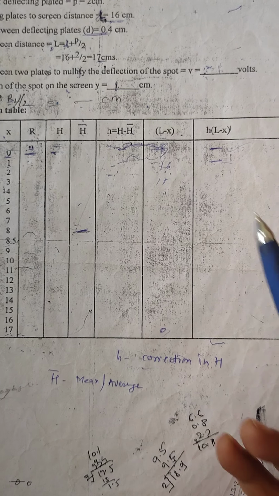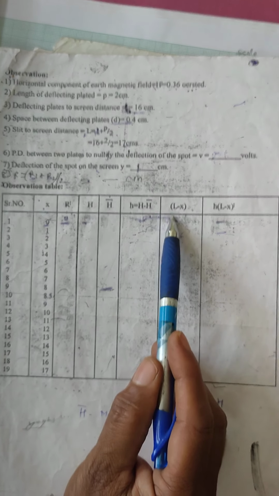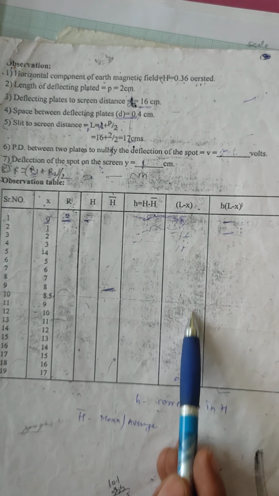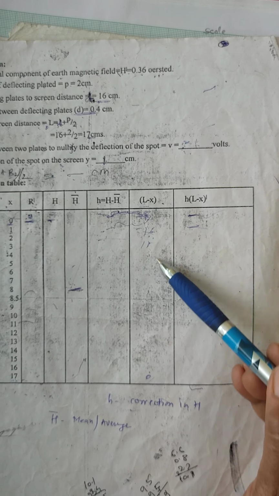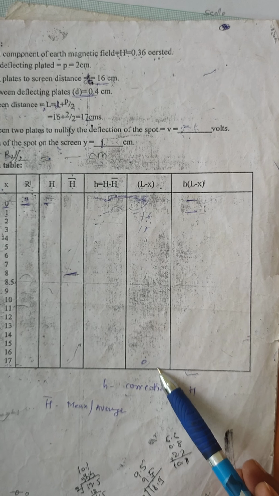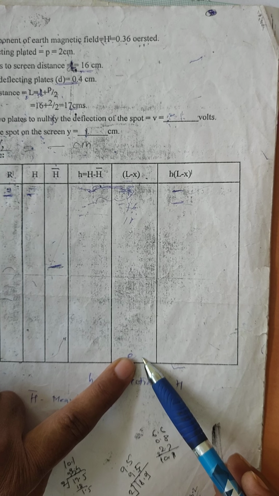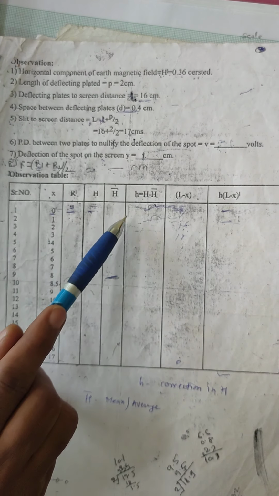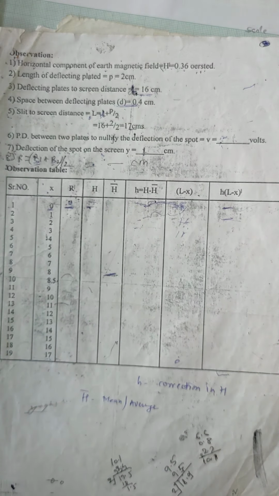Next column is capital L minus X. You can see here capital L is 17 centimeters and X is having these values. So it will be your 17 minus 0, 17 minus 1 up to 17 minus 17. So straight away you can write down the final values like 17, 16, 15, 14, so on up to 0. That is the X column will appear inverted over here, and in this small h column, due to the correction, it is always H minus H average.